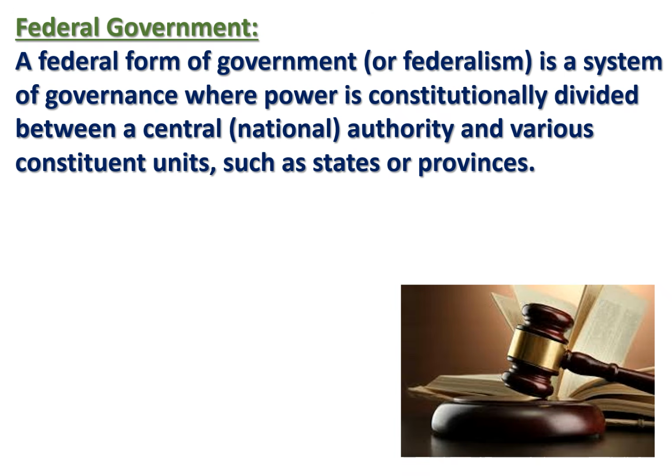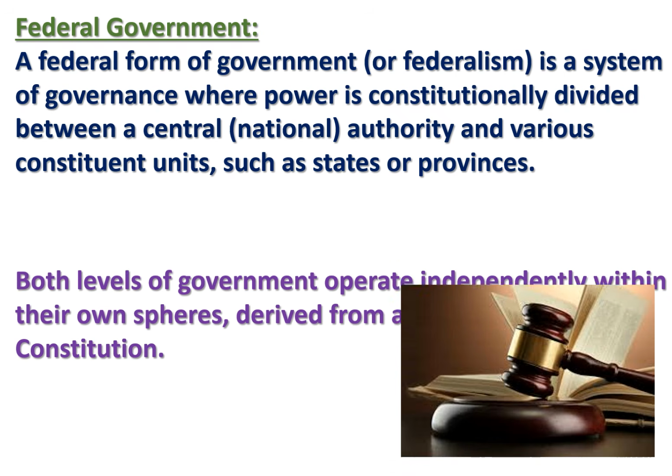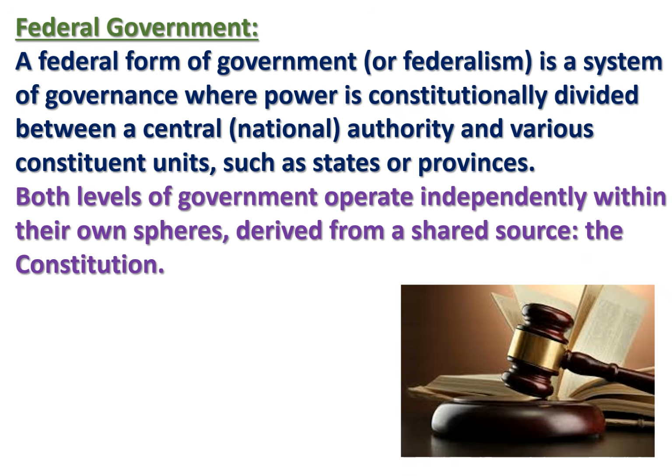This is the major important thing. Both levels of government operate independently within their own spheres, derived from a shared source, the Constitution. As per the Constitution, the powers are divided, so the state and the center will operate their duties independently.